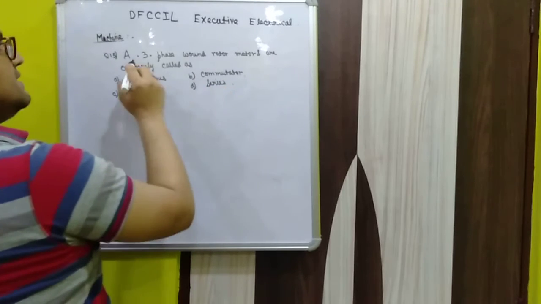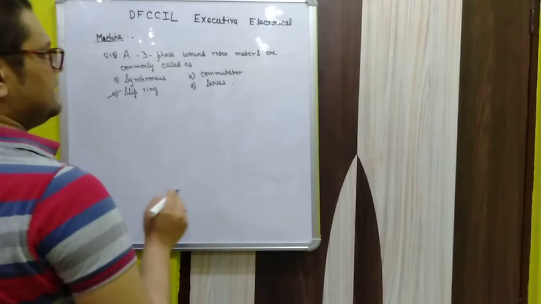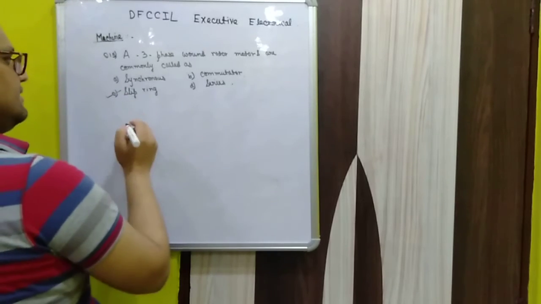So if this type of question comes, the three-phase wound rotor motor is commonly known as slip ring. It's a theoretical question, so it's very easy to understand.